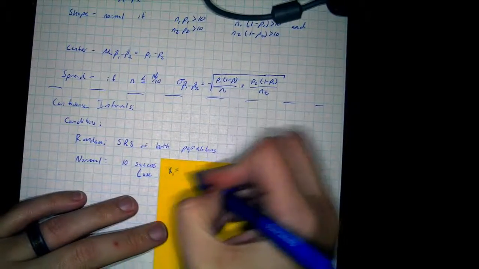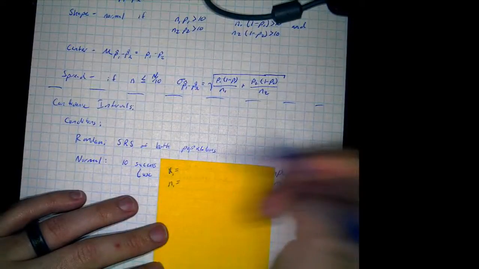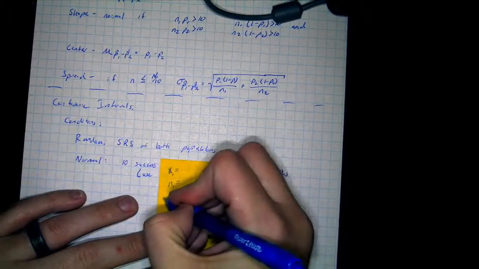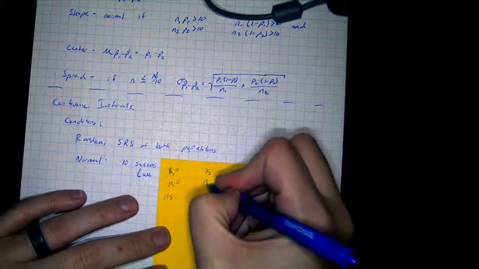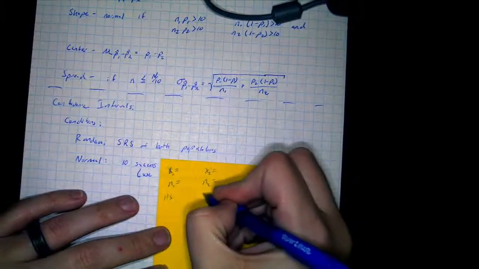X1, N1. So we'll say this is high school, and then we'll do X2, N2. You don't have to write this down if you don't want to. This is just me talking.